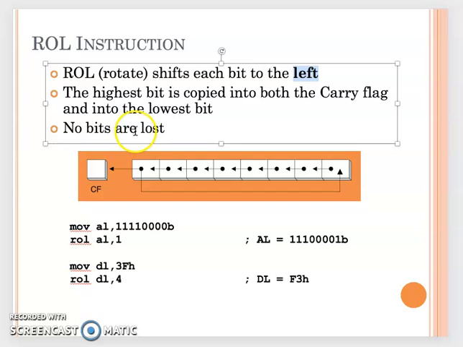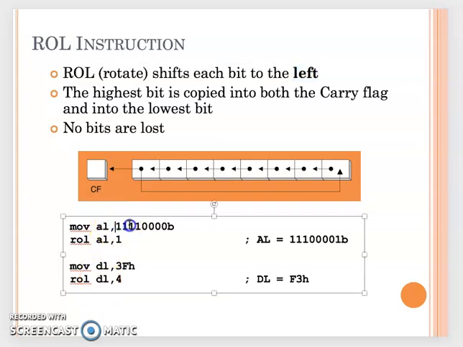But with rotation, nothing is lost because it comes back to the end. For example, if AL is 1 byte like this, when we do the rotation 1 bit to the left, this one will leave and copy over to the carry flag. But when we do the rotation, this one also goes to the end. So that's why it becomes like this.